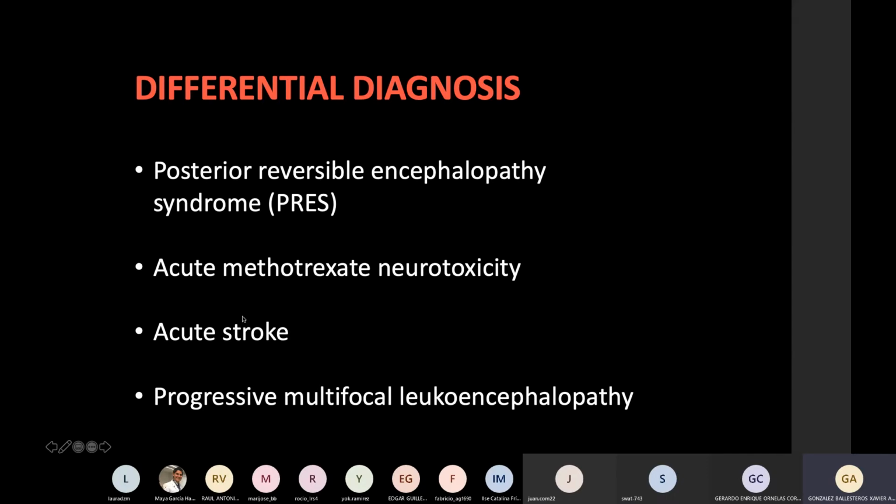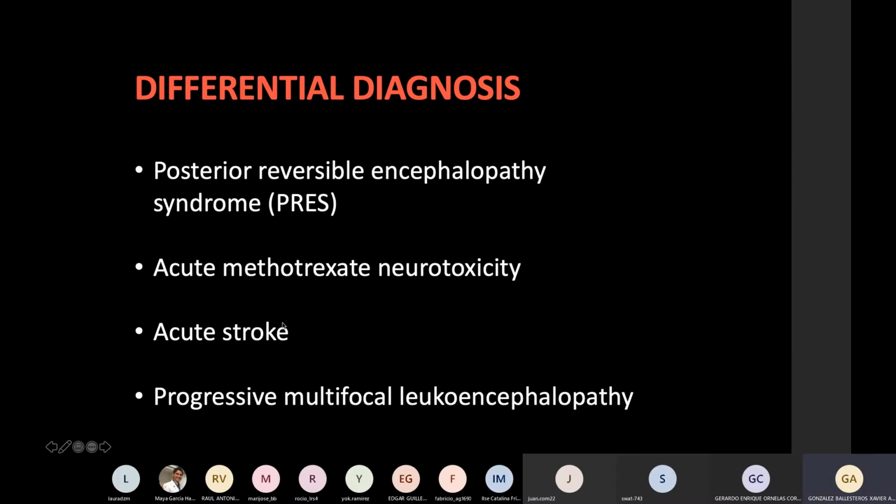Another differential diagnosis is acute methotrexate neurotoxicity, which we should consider because the patient presented a recent onset of neurologic deficit and a known exposure to a toxin that has been described as injuring the white matter.